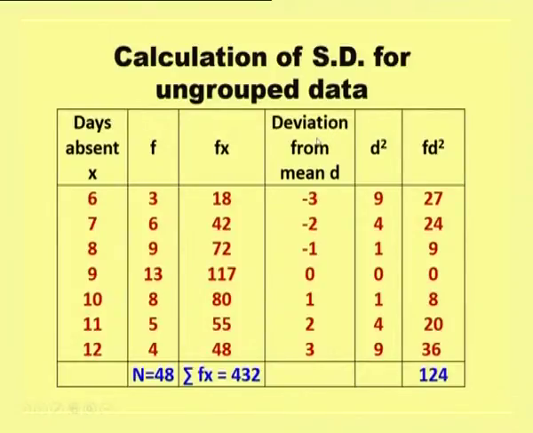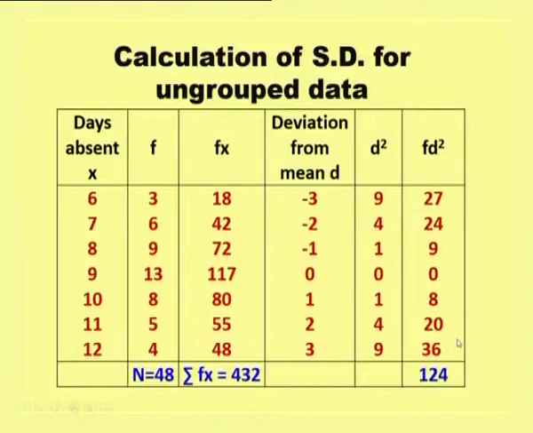And the deviation: in the previous episode we discussed how to calculate the mean by the assumed mean method, and therefore here we are assigning 0 for this class, and so above it -1, -2, -3 and below it 1, 2 and 3. These are all the deviations, and then the square of the deviation.